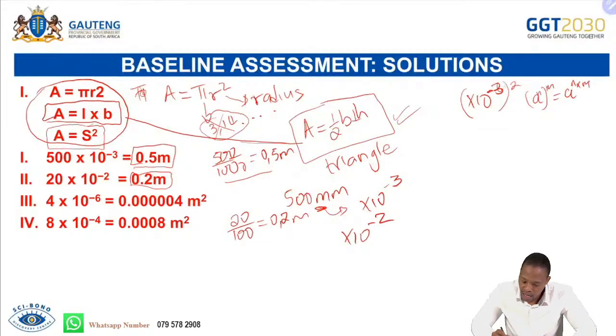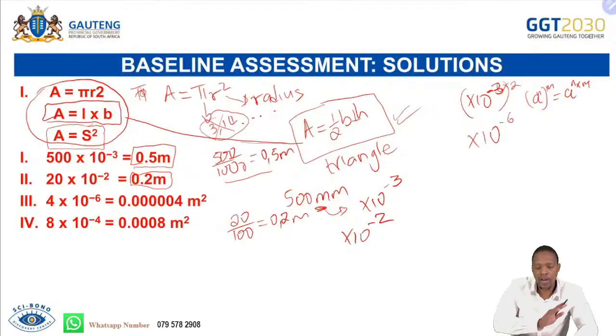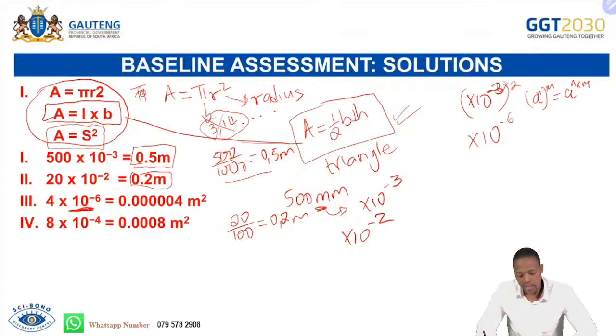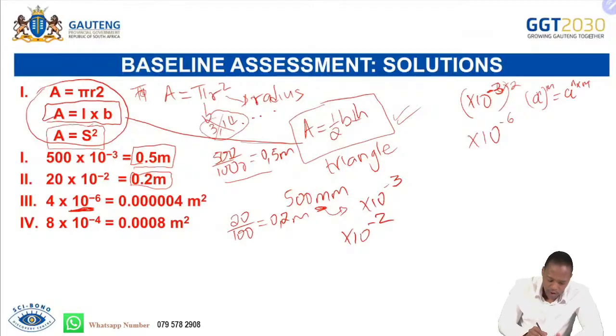So that means I should just simply multiply the 3 times the 2 to convert there. That will turn to times 10 to the power of negative 6. So when I convert square millimeters to square meters, I will multiply by 10 to the power of negative 6. And then I should get my answer there. I could leave the answer as 4 times 10 to the power minus 6. It's already converted if you write it like that.